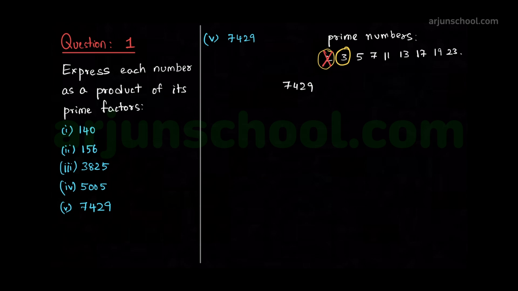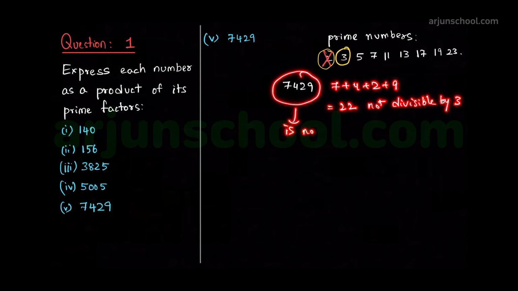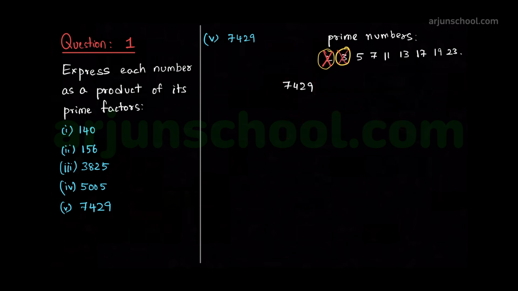The sum of the digits in 7429 is 7 plus 4 plus 2 plus 9, which is equal to 22. Since 22 is not divisible by 3, 7429 is not divisible by 3. Next, check the divisibility by 5. Since last digit is 9, which is not 0 or 5, it is not divisible by 5.